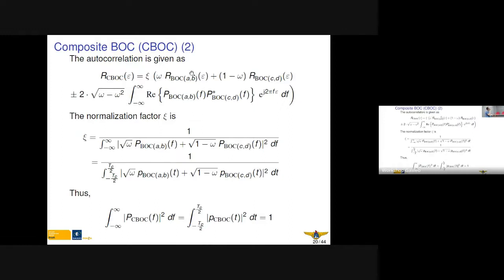So we have here then the autocorrelation function of the BOC AB and the BOC CD signal, and then some kind of a cross correlation between the two given by the real part of the Fourier transform of BOC AB and the conjugate of BOC CD. The normalization factor is just normalizing the power here. We can write this either in frequency or time domain, so that we achieve again that also the composite BOC signal is normalized to 1 in frequency and time domain.